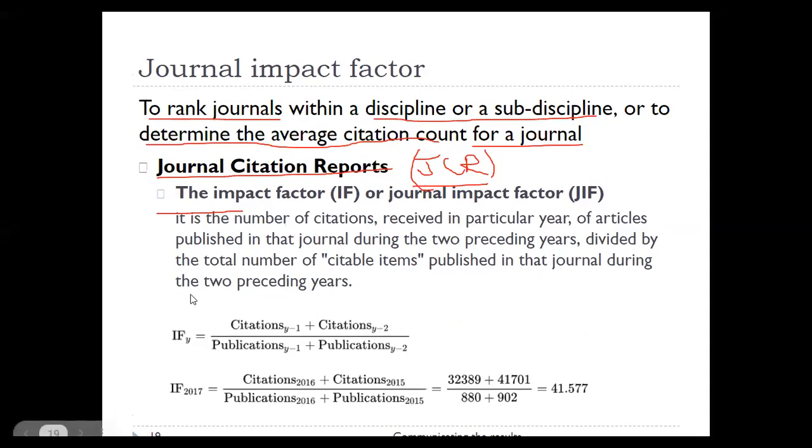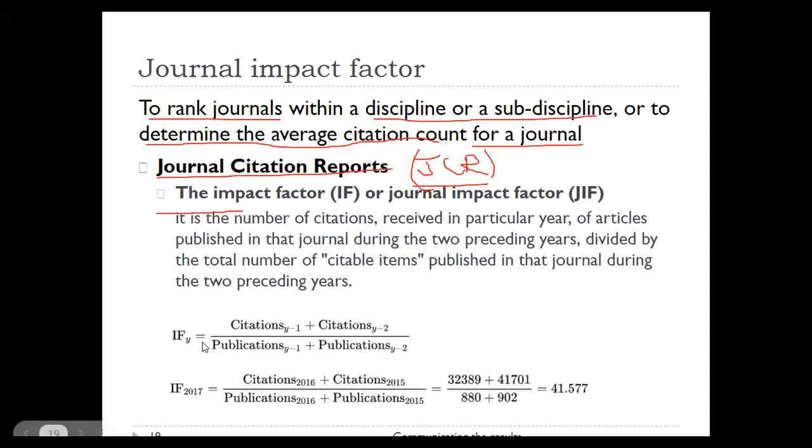If you want to calculate the impact of a particular research journal in a year Y, then the citations of the research papers published in that journal in the previous 2 years are taken into consideration.